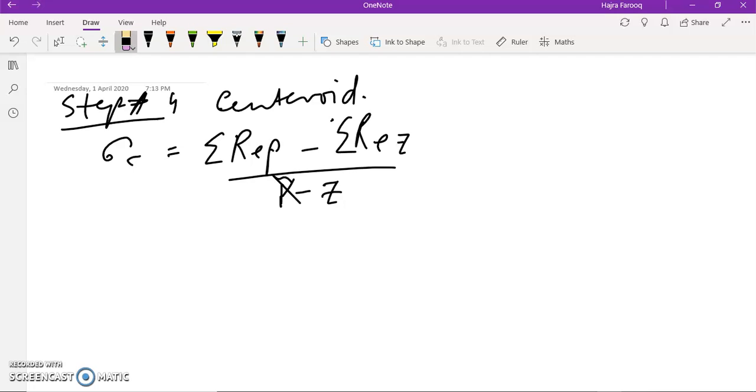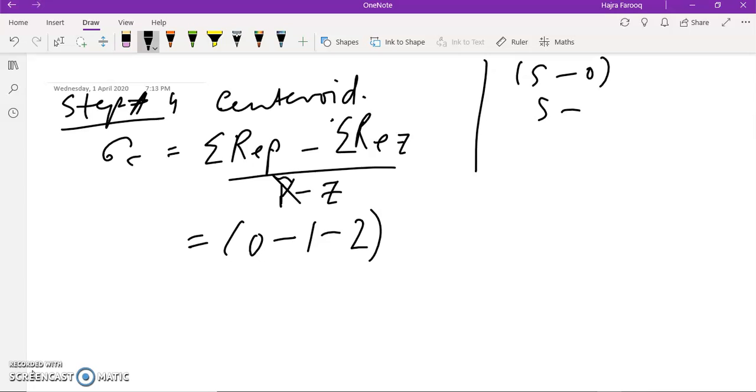Then we have p minus z, that is, the poles we had were 0, -1, -2, because that was s minus 0, s plus 1 and s plus 2 equal to 0.